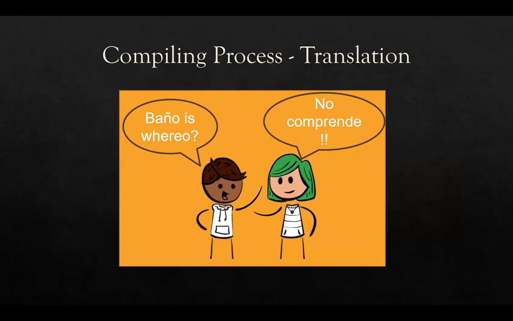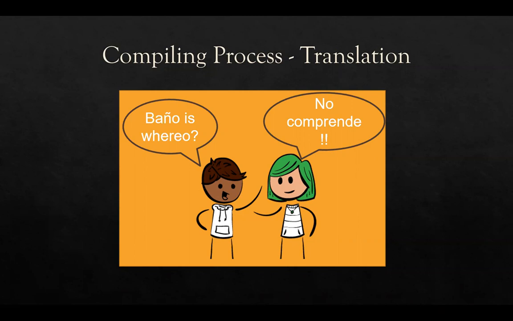Now, the compiler's job is to translate. And as you know, when you're attempting to converse with someone in Spain, you must construct your sentences in Spanish using a particular set of words and rules. If you do not follow these rules, the person you're speaking to will not be able to understand you. This person is not going to find out where the bathroom is unless he uses correct Spanish.